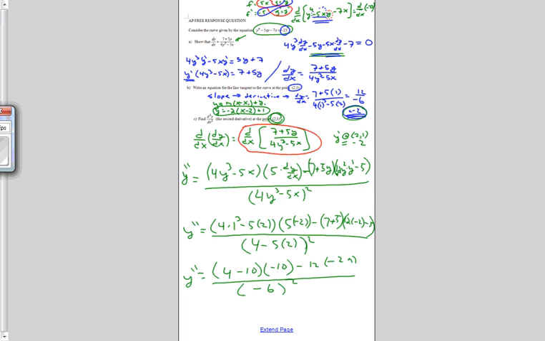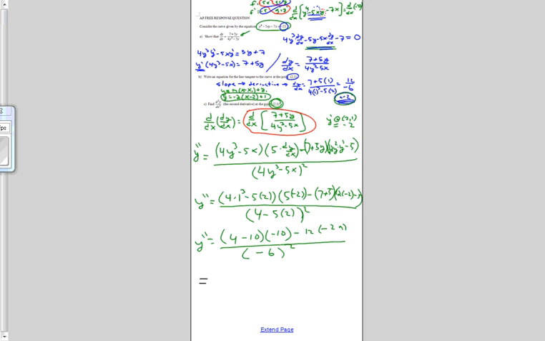Okay, well, this is getting a little bit ugly, but we keep going. We get, let's see, 60 plus 12 times 29. The negative and the negative goes away, over 36.